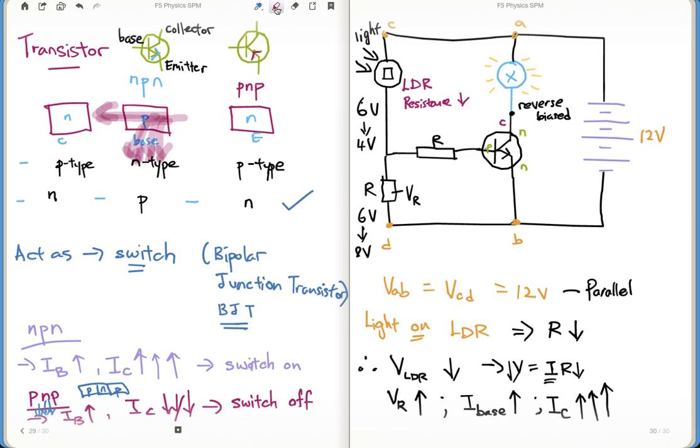When the base current increases, electrons keep flowing out from here. What happened? No further electrons could pass through because this side is positive, this side is positive. So therefore, you get a switch off condition when you have base current increase.